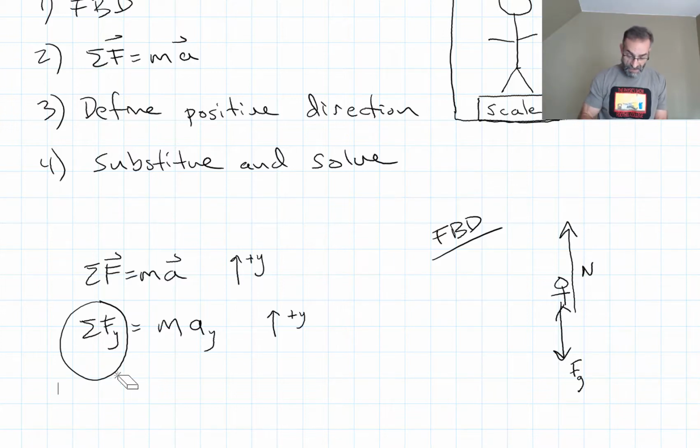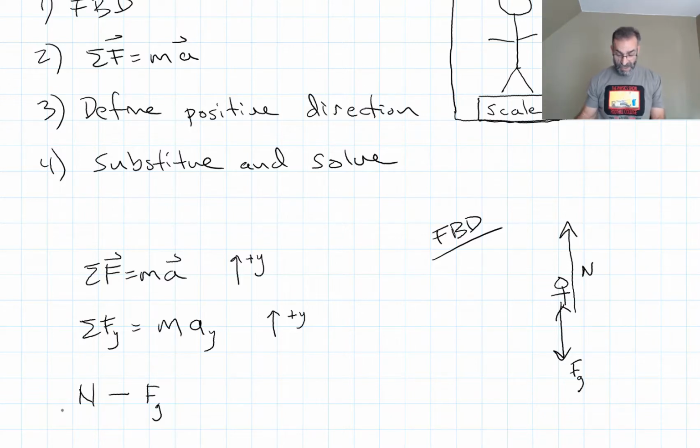There's two of them, so I'll have two terms here, a normal force and a force of gravity. The normal force is in the positive direction, and the force of gravity is in the negative direction. I don't need to put a plus sign there. I know it's positive if I don't have a minus sign, right? Those will add up to be the mass times the acceleration.